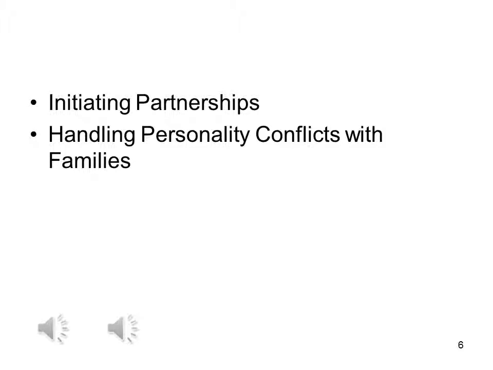It may mean that you have to have some more formal communication or meeting just to clear the air and establish those professional boundaries that suggest we are both working for the benefit of this child, and we're going to do what we need to do to help this person be successful. When families begin to understand that you are really genuine and heartfelt and that you really are working for their child, then they will become more accepting and open to you and to what you are working to do.